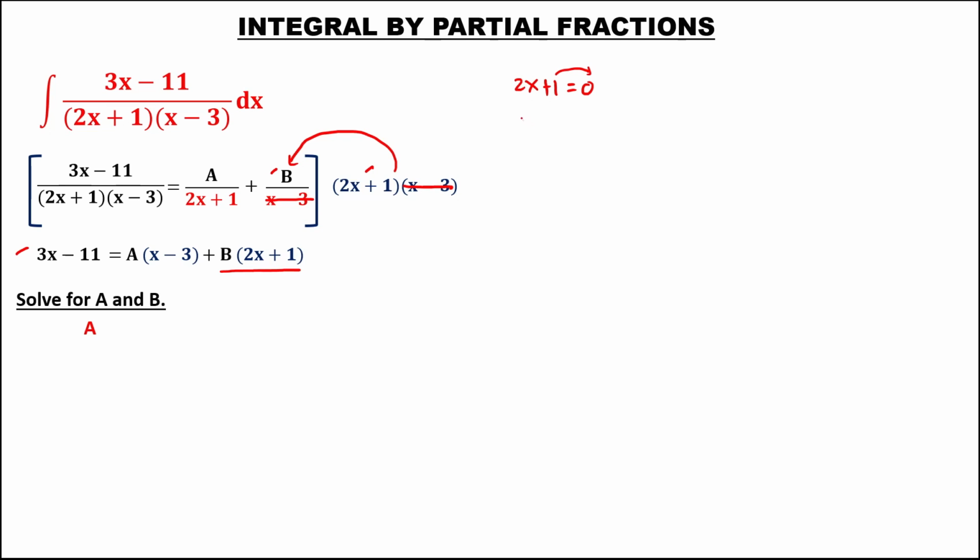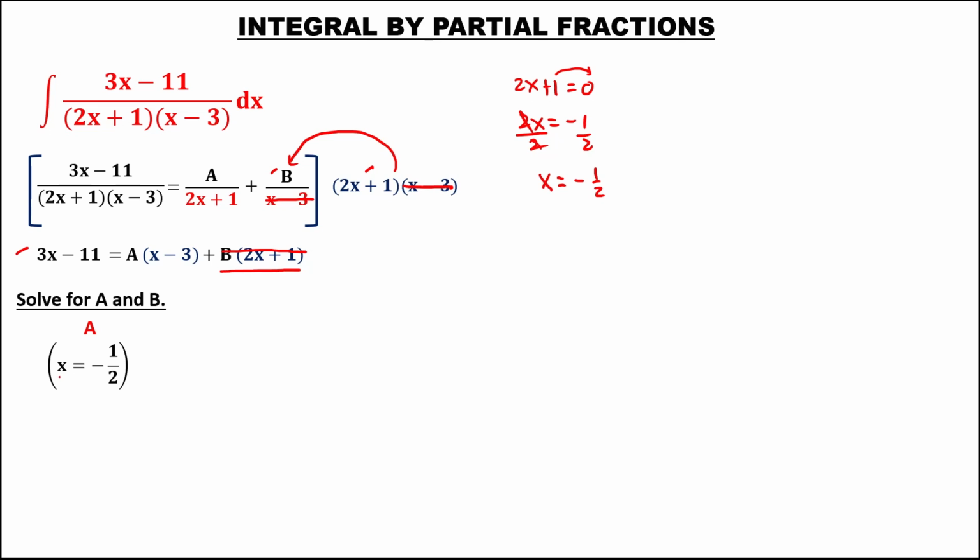Then transpose to the other side, so we have 2x equals negative 1, and divide by 2 to solve for x. Therefore x must be equal to negative 1 half to make this B term 0. So to solve for A, x must be equal to negative 1 half.